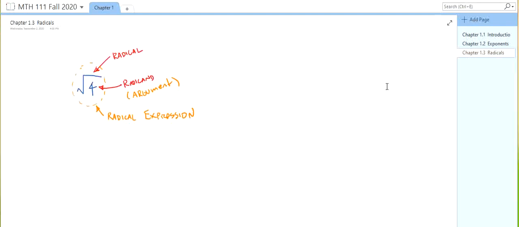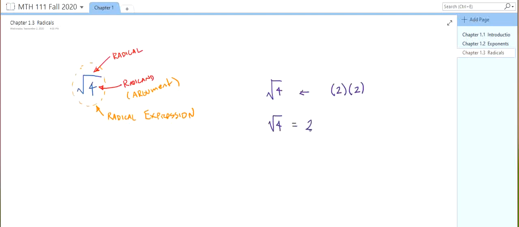Now when I do something like take the square root of 4, if we think what factors can create 4, what two factors exactly the same, if we multiply them together, create 4. So when I take the square root of 4, what I'm saying is, what's one of these?